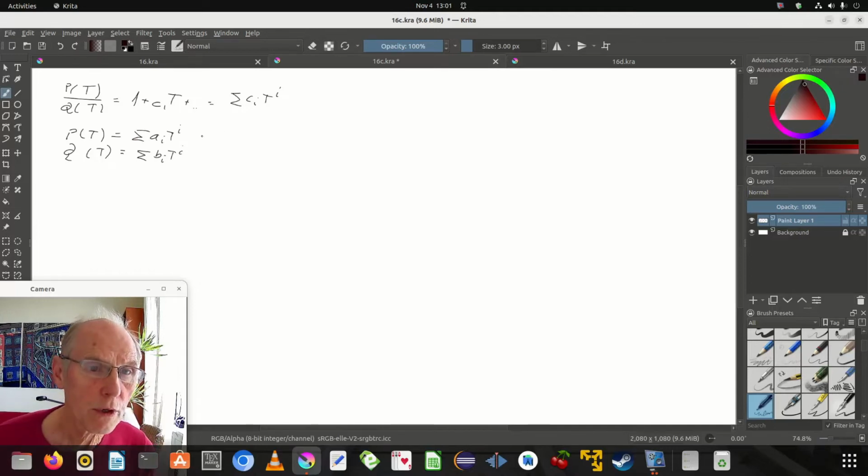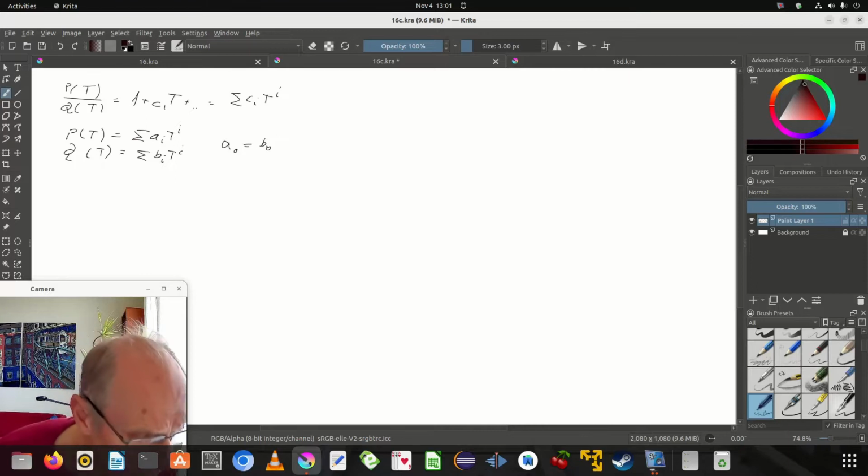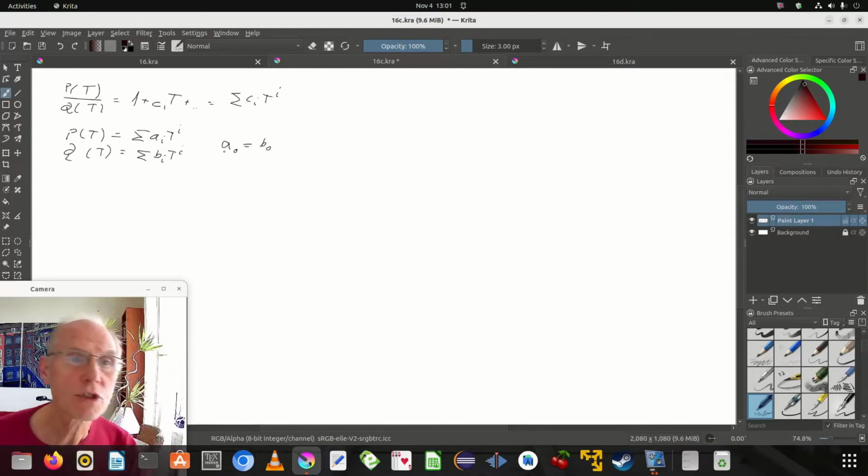And of course, now we have extended this fraction so that the coefficients are integers. And of course, A naught equals B naught. Have no common factors and all coefficients are integers.